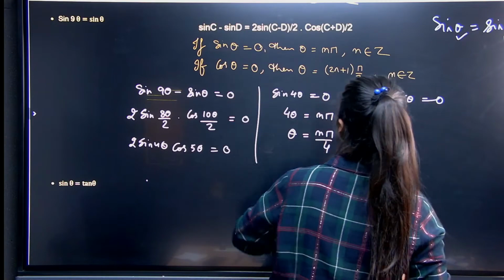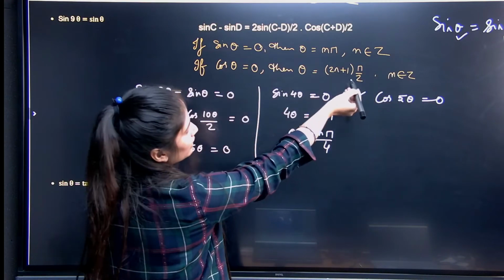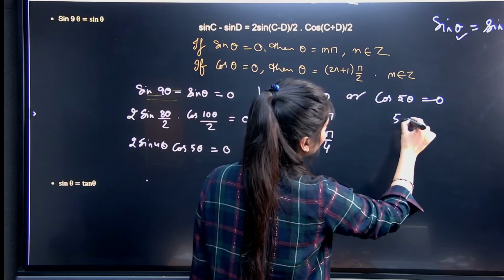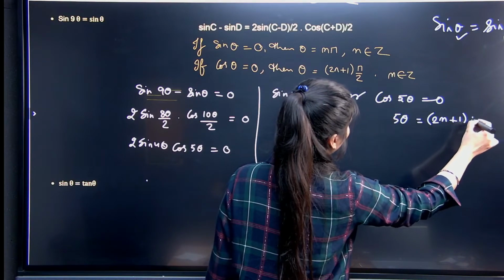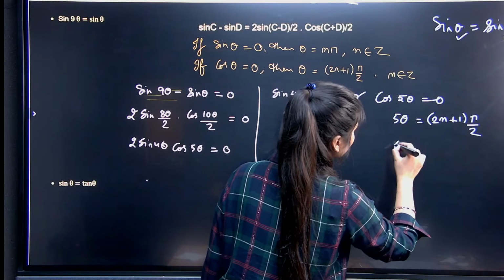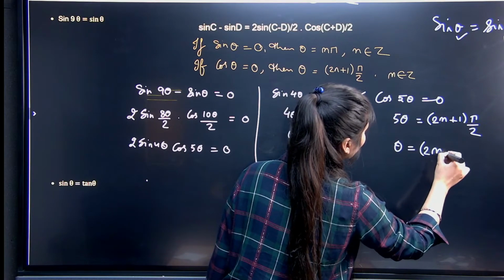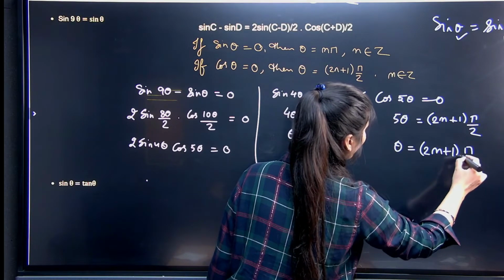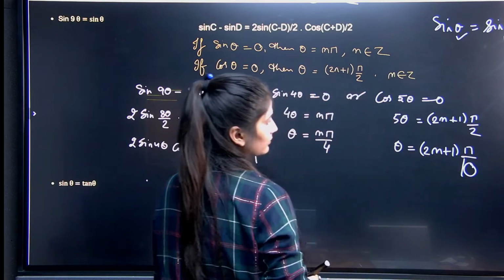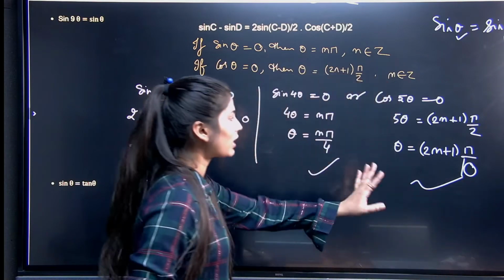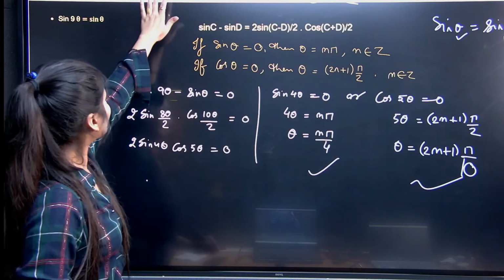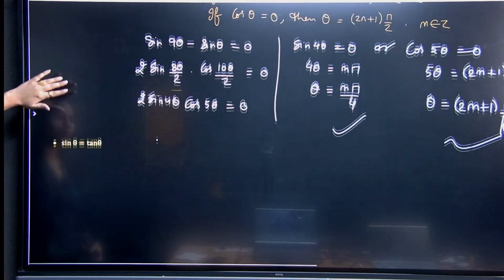Cos theta is equal to 0 says theta is equal to 2n plus 1 pi by 2, so here theta is 5 theta, so theta is equal to 2n plus 1 pi by 10. So these two are general solutions of the given question.